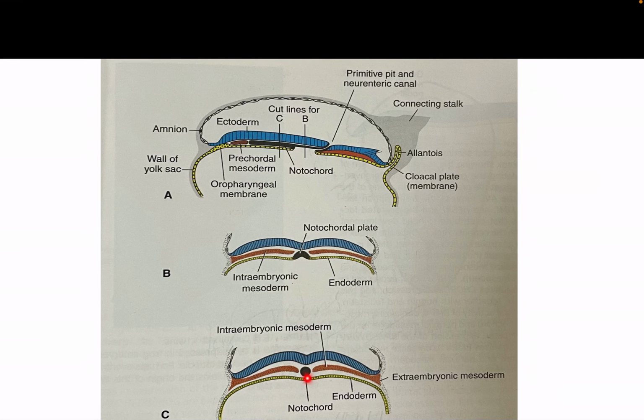Then later on they separate out from here and form a notochord in the center, and on each side there is intraembryonic mesoderm, which has been shown. It is cut into two halves, the right and left half. In between is the notochord, which first joins with the endoderm, then separates from the endoderm and becomes an independent, or definite, notochord.